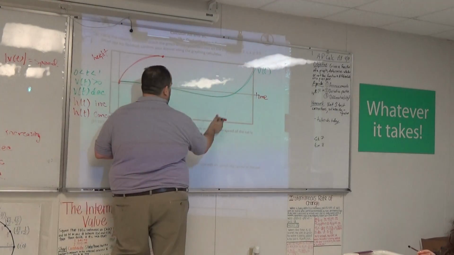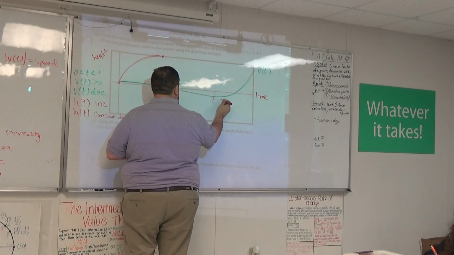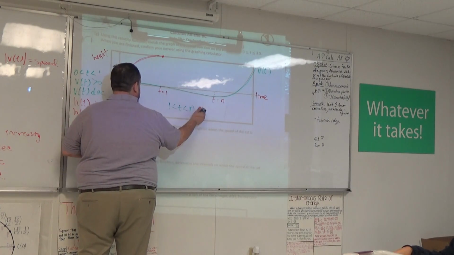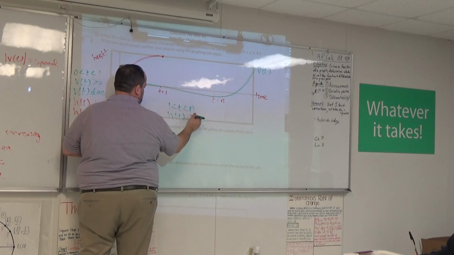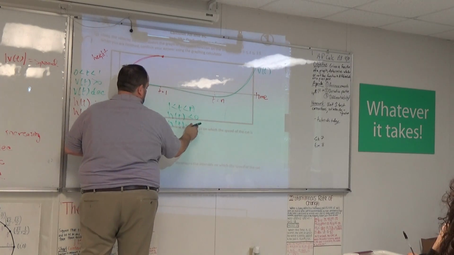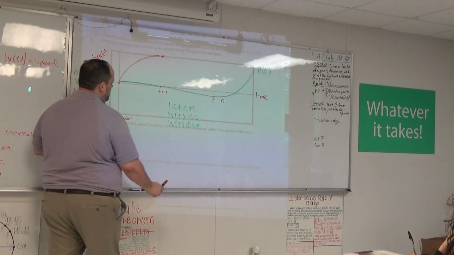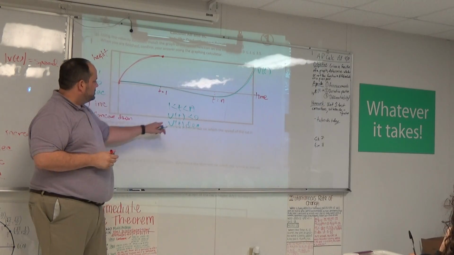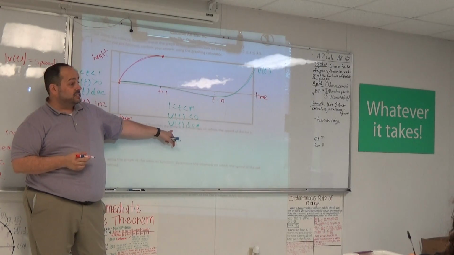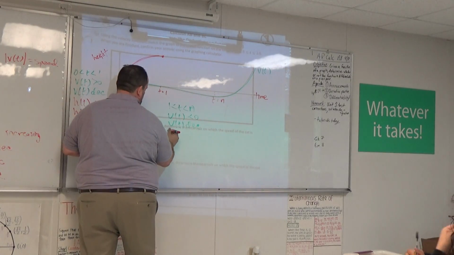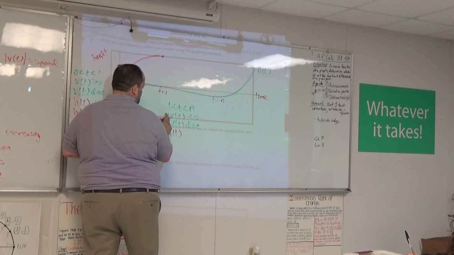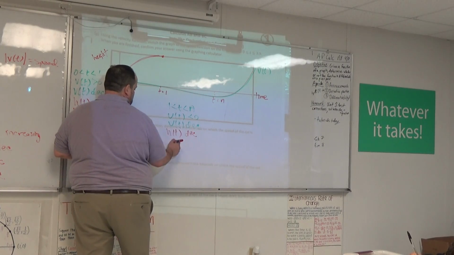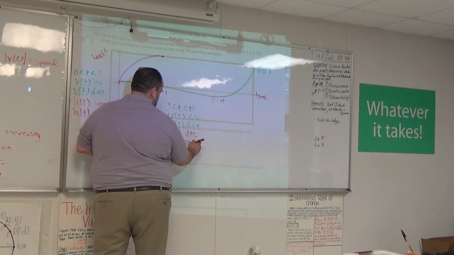Another interval that I'm interested in, we'll just call this t equals a. On the interval 1 less than t less than a, velocity is negative and velocity is decreasing. So if velocity is negative, height is decreasing. If velocity is decreasing, height is concave down.